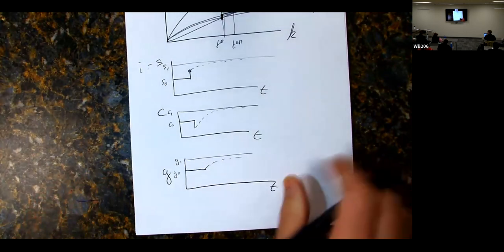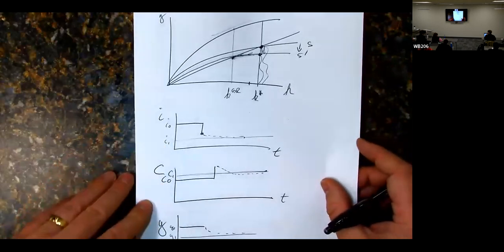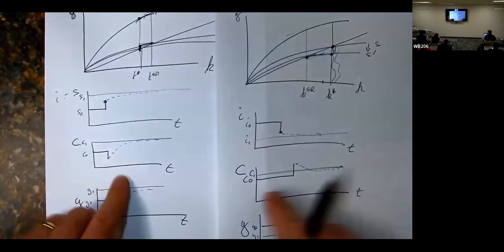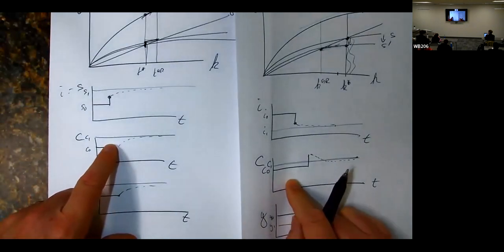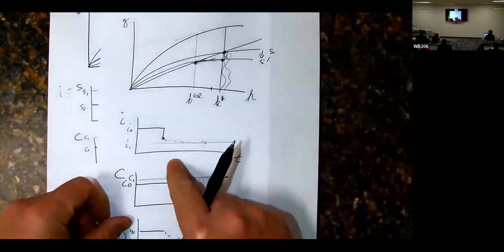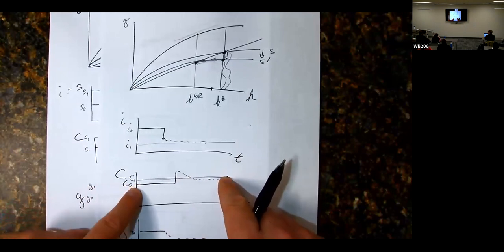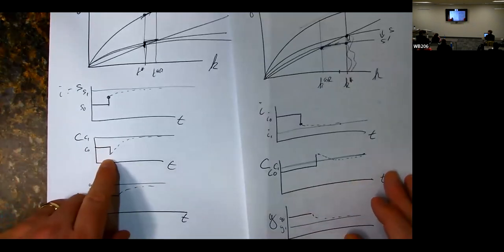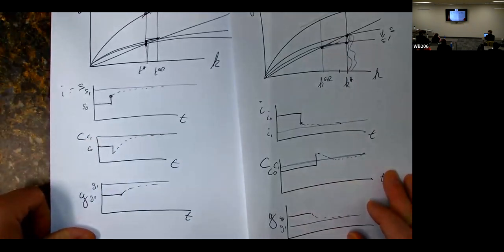So these are interesting kinds of graphs to draw to think about what's happening. The most surprising ones, I think, are the consumption ones, because in this story we initially increase consumption, but then it decreases, but the final result is still higher than we started at. In this one, we decrease initially, but then increase, and we're higher than we started at.